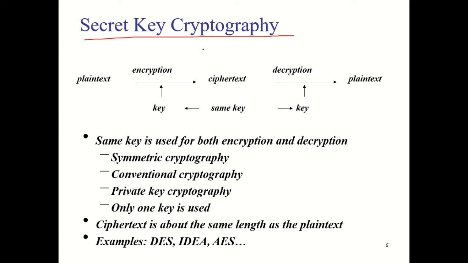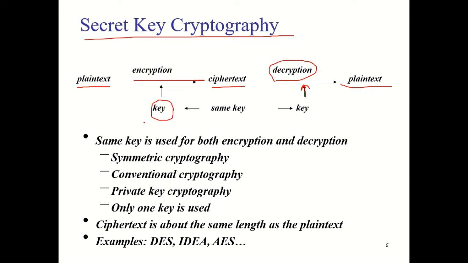As I already told you, we use a single key for secret key cryptography. Here we have the plain text, and after encryption with the help of this key we get the ciphertext, and by applying decryption methods using this value of key, we get the plain text at the receiving end.